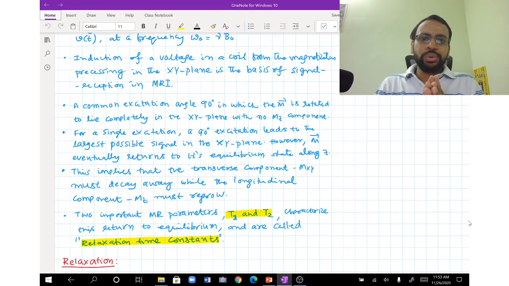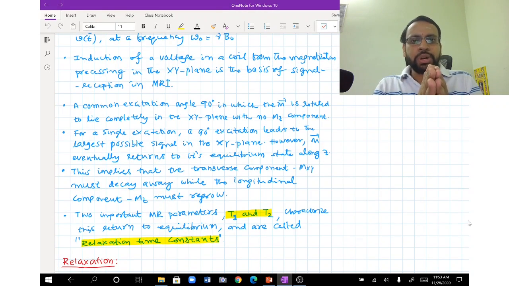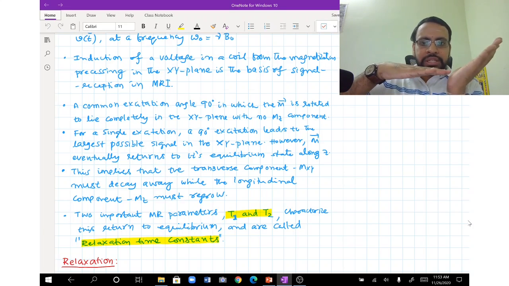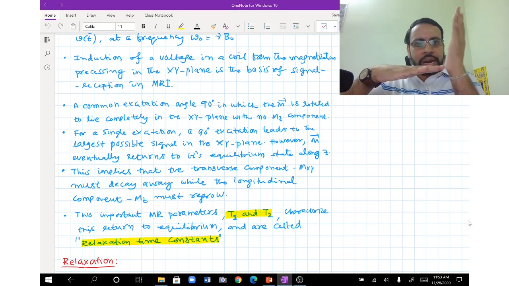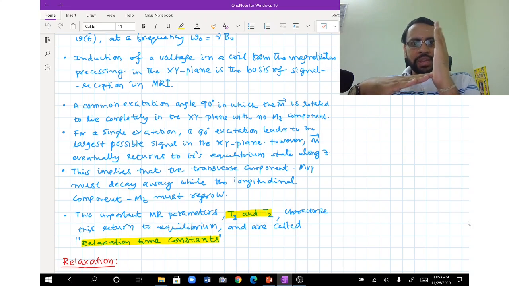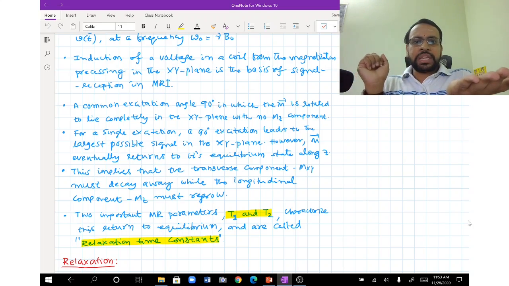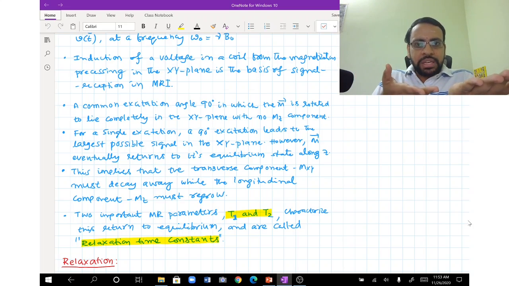Now we are going to take a look at what would happen once you apply this 90 degrees excitation field and bring your M of xy into the xy plane, and then you withdraw your signal B1 of xy that you are applying in the xy plane.